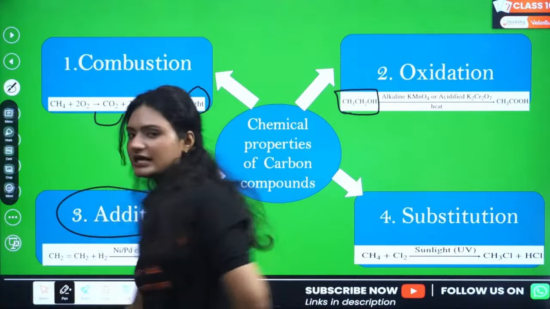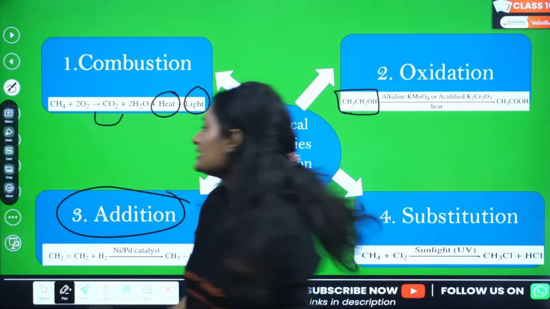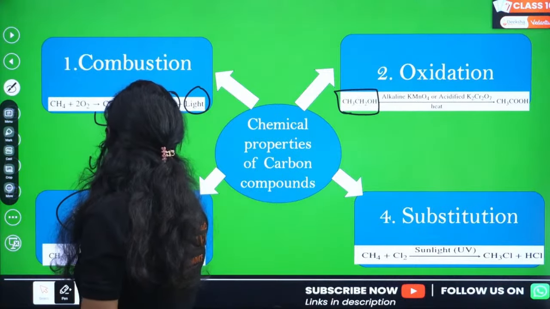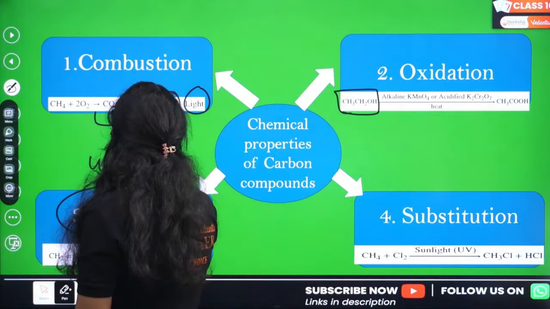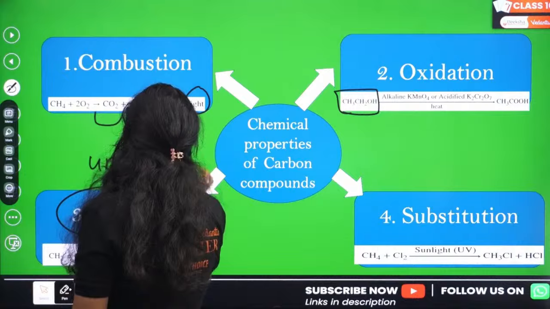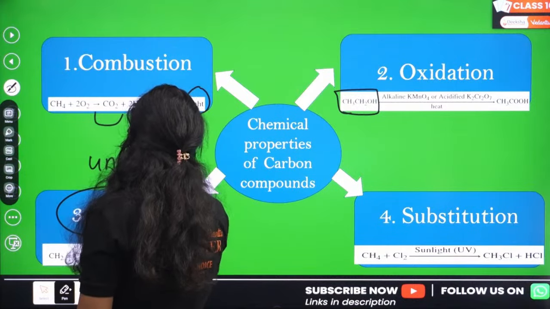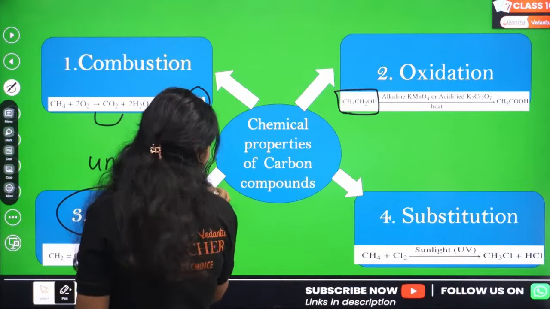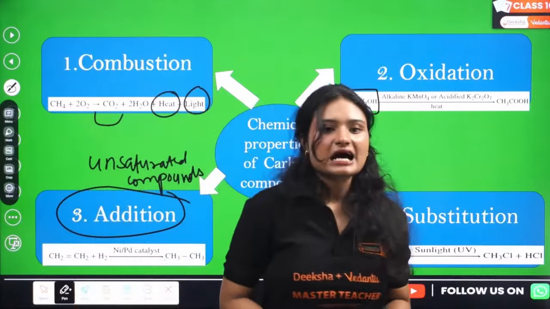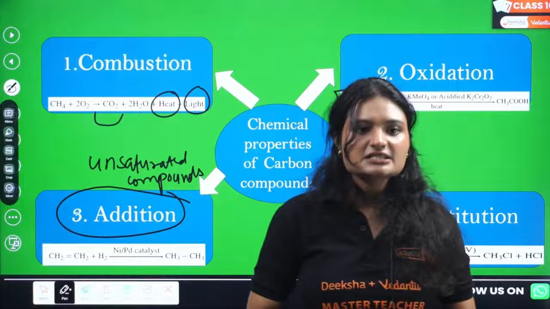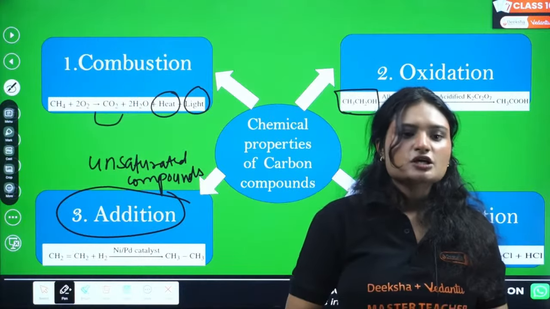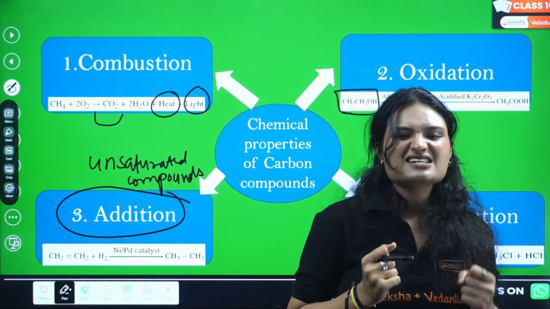Next is the addition reaction. Addition reaction is shown by unsaturated compounds, the compounds that have double and triple bonds. There they add hydrogen.